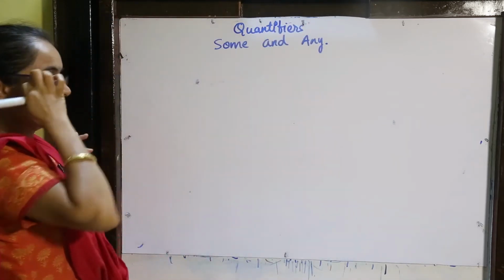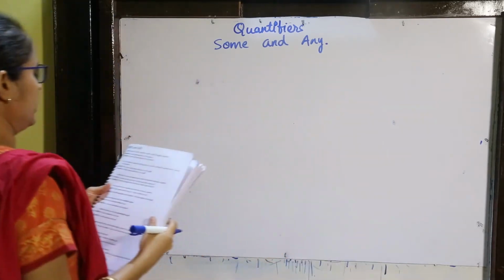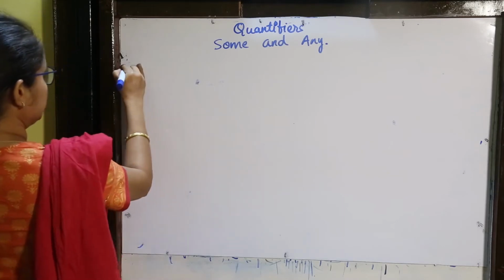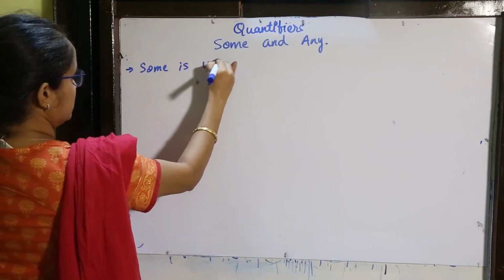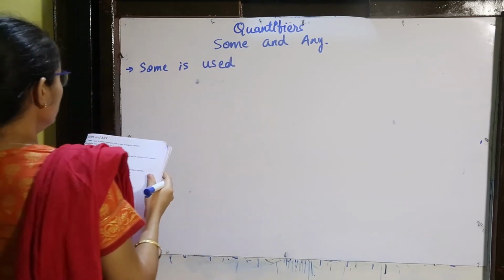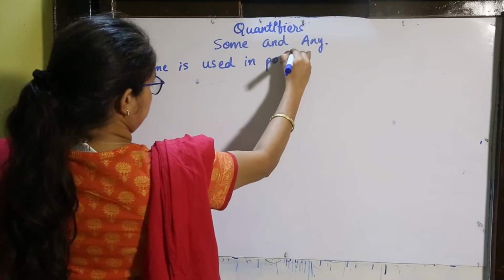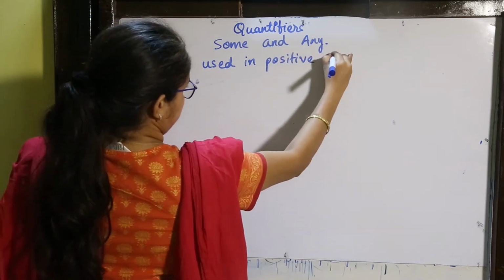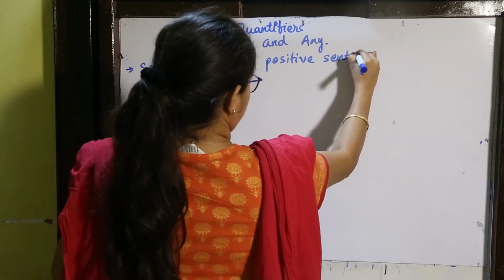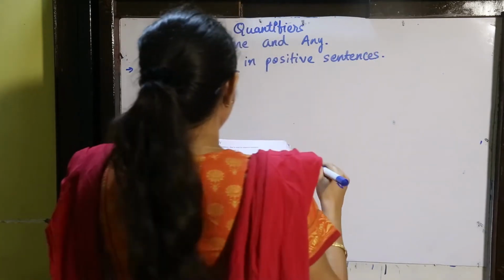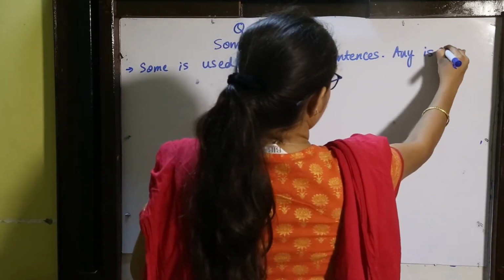Now where do we put some and where do we put any? Okay, so first thing, please write down, some is used in positive sentences, and any is used for negative sentences.